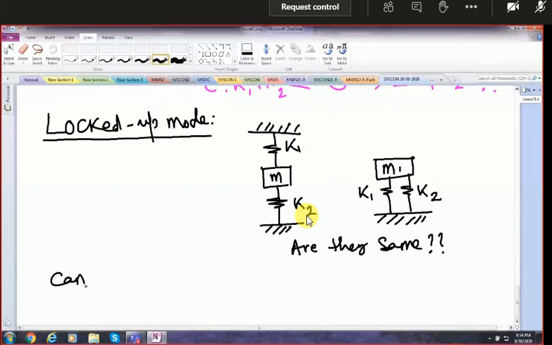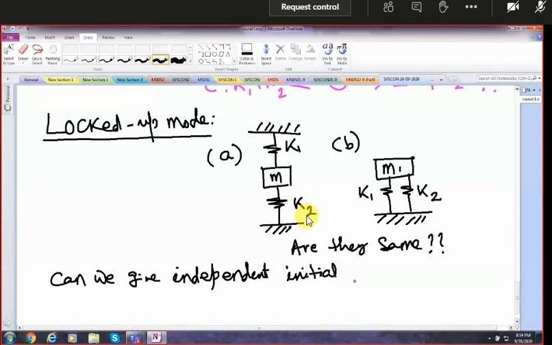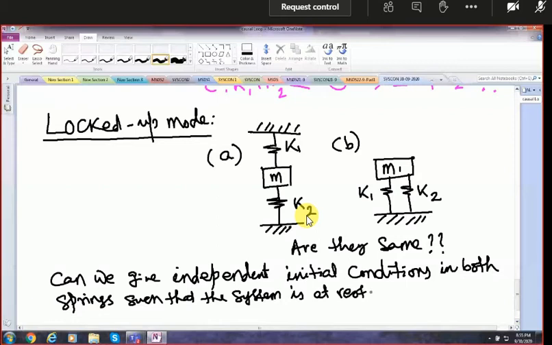Let's say this is A, B. Can we give independent initial conditions in both springs such that the system is at rest? There would be problems in differential and integral causality probably. No, they are the same model.